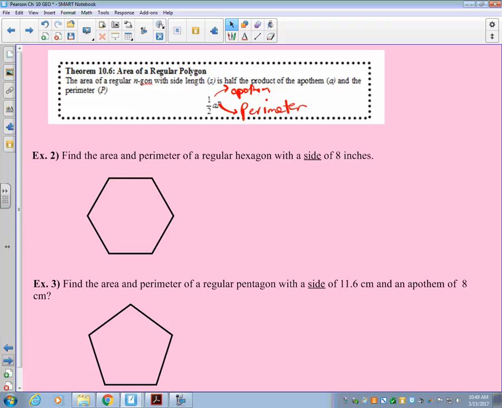Okay, we're back here with our regular hexagon with a side of 8 inches. Let's put the apothem. We've already found the apothem. What was the apothem for the hexagon we just did?